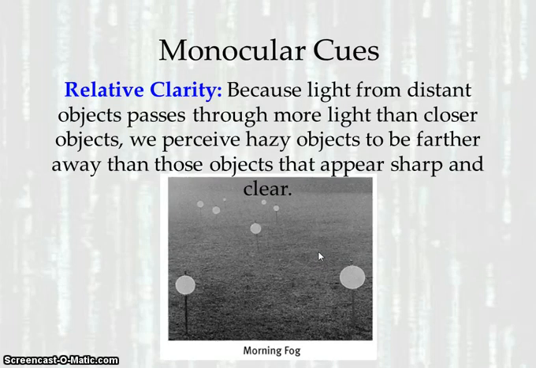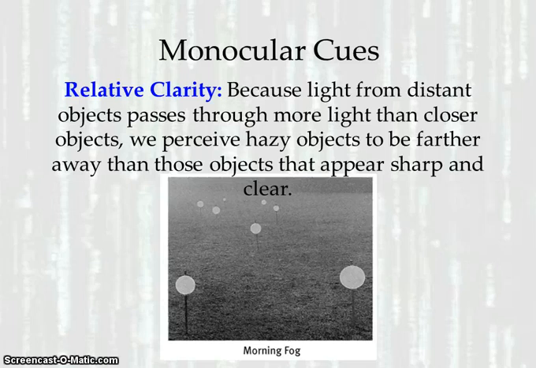The third monocular cue is relative clarity. This says that because light from distant objects passes through more atmosphere than closer objects, we perceive hazy objects to be farther away than those objects that appear more sharp or more clear. So light from faraway objects passes through more atmosphere, and because of that, we think that things that are hazy are farther away.